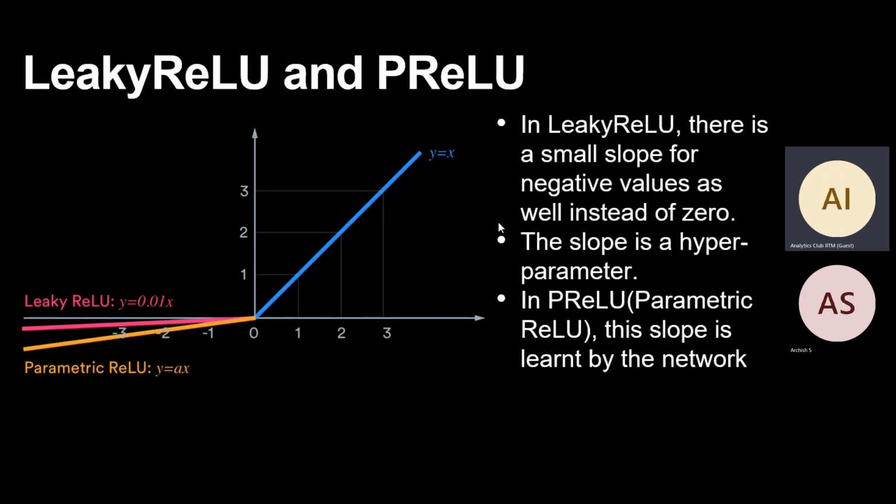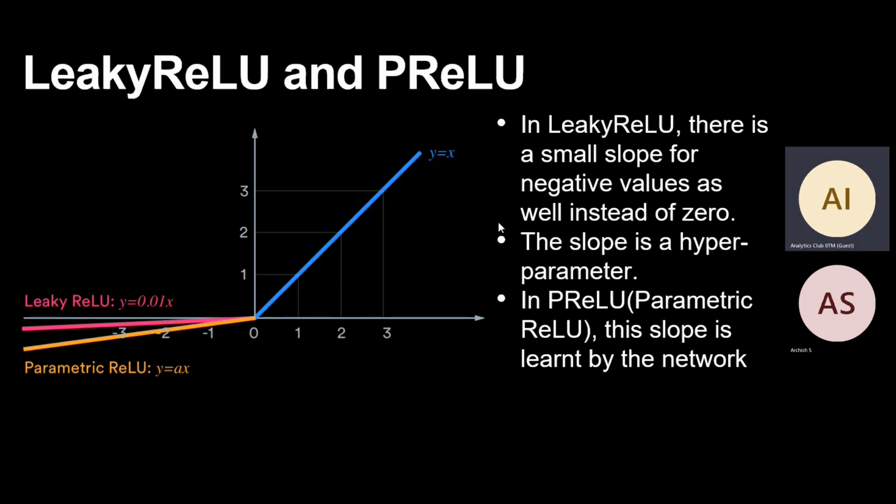But based on your model, you would choose some other parameter and allow this small part through. Another upgrade is PReLU. In PReLU, you allow the slope of this negative region to become a parameter of your model. As your model trains, it would choose the value of this slope such that it works best for your model and the task that you're trying to do.